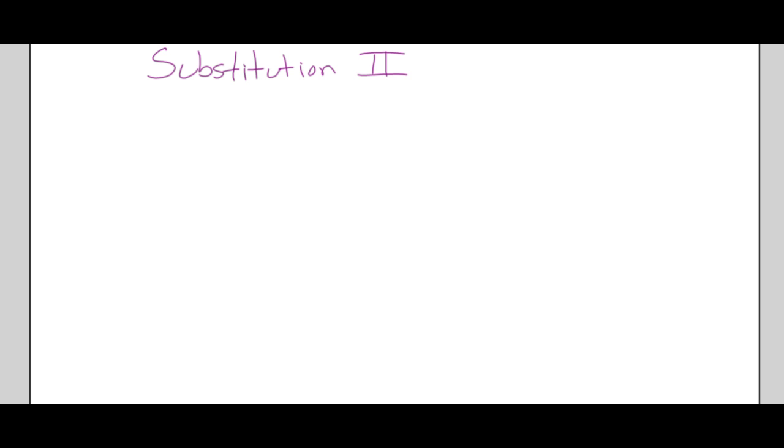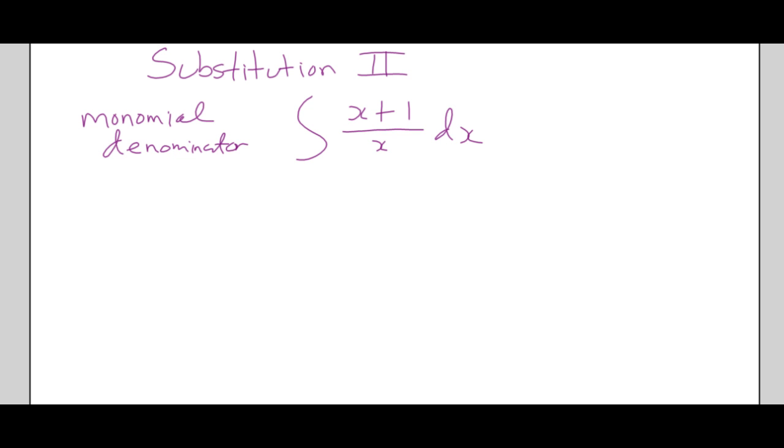Okay. Substitute, if we have a monomial denominator, let's say we're doing the integral of x plus 1 over x dx. Then we can split it up, right? It's like writing 3 plus 7 over 4.